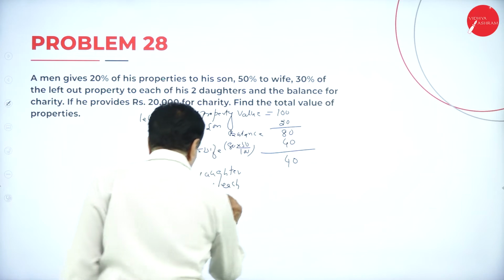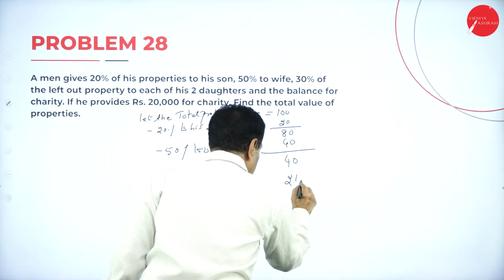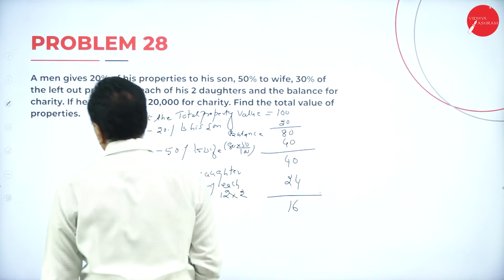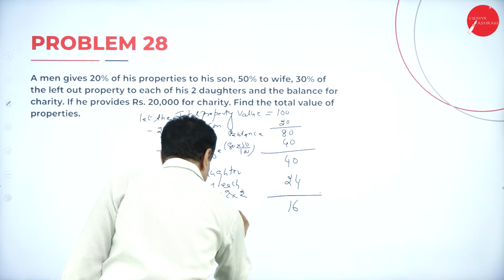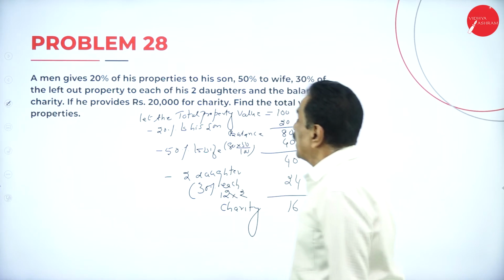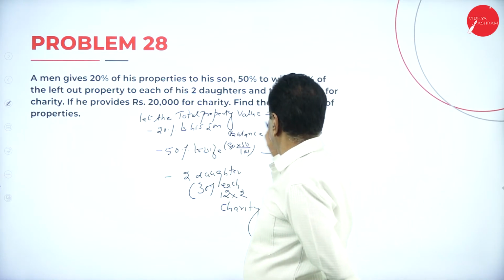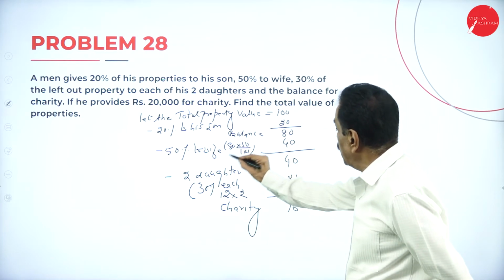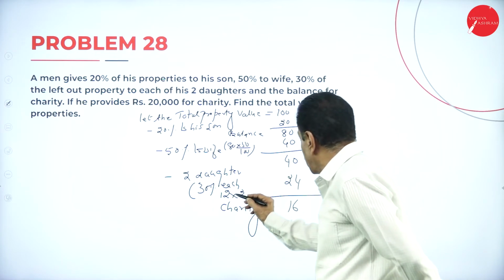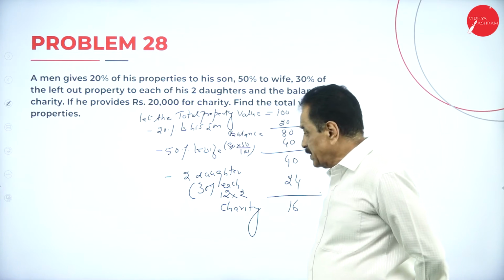To each means 12 into 2, that is 24. What's left over? 16. This goes to charity. I will repeat: total 100, 20% to son, 50% to wife, 2 daughters 30% of 40 is 12 into 2 is 24. How much is left over? 16.